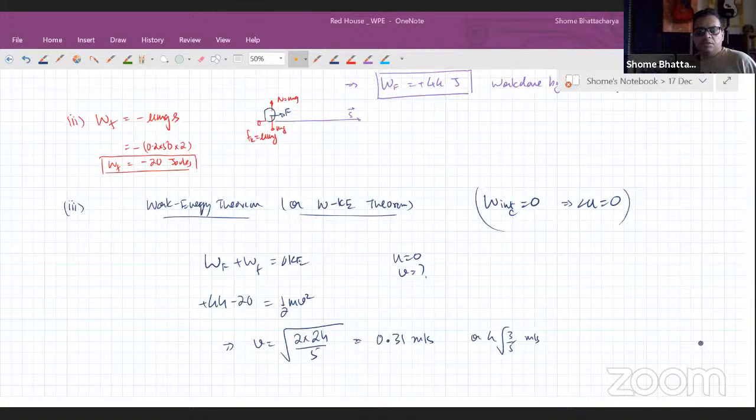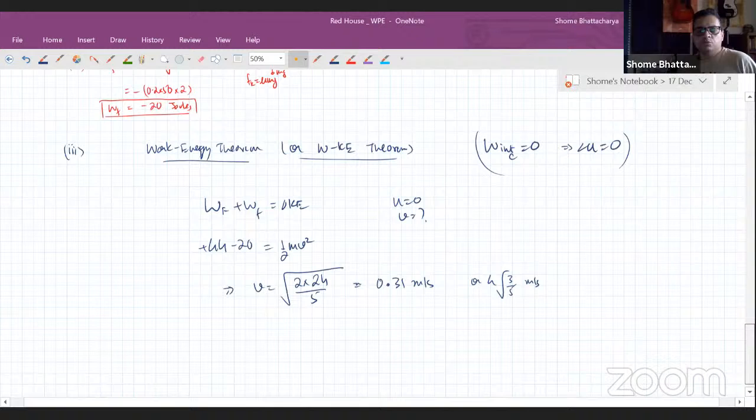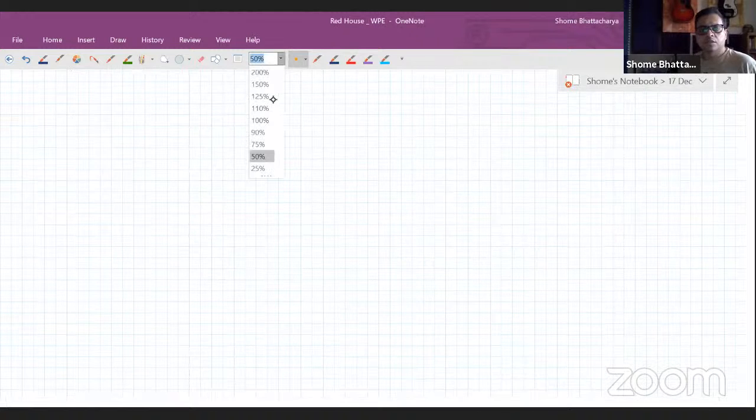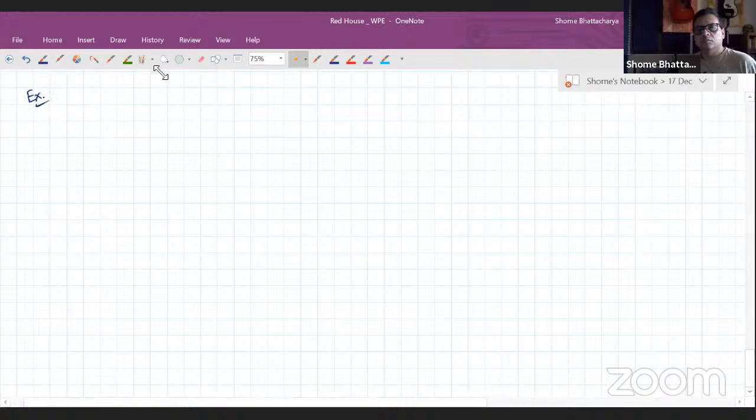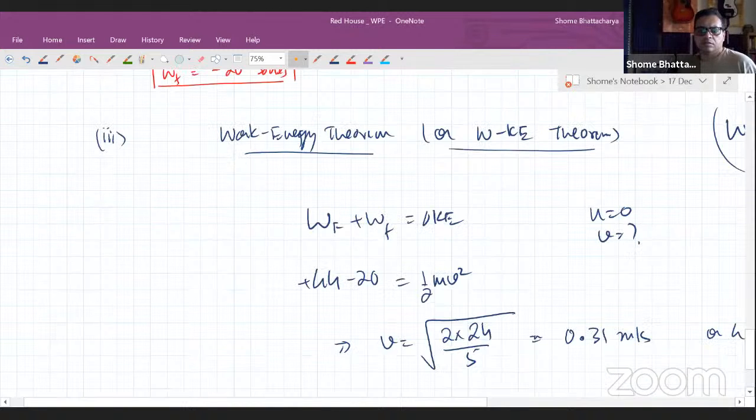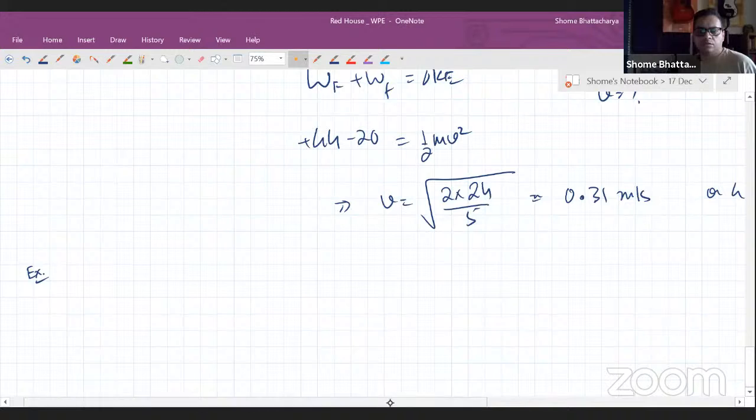Okay, so hope this example is clear to all of you. Now let's move on to another example. In my next example, we'll involve a spring. It's coming 3.1, is it? I don't think so. Let's see.